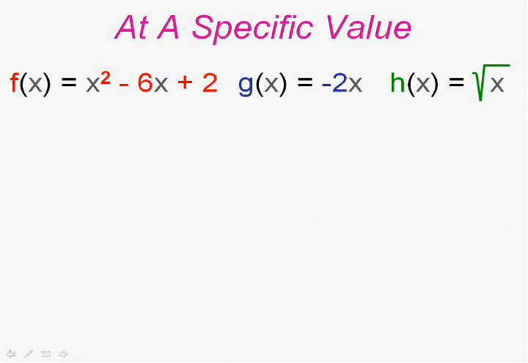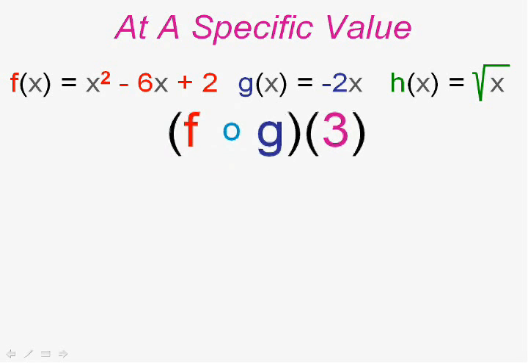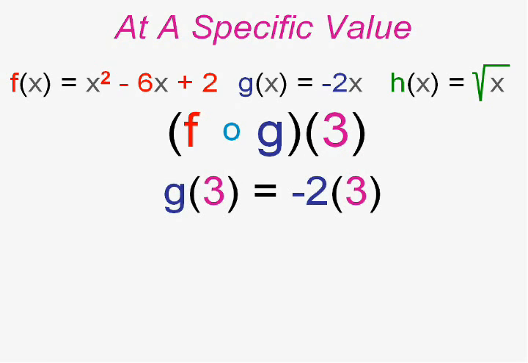Okay, once again, let's do the same thing at a specific value. Well, what do we do now? That's going to be f of g at 3. Now, g of 3 is the function g with 3 put in, minus 2 times 3. So g of 3 is what? Minus 6.